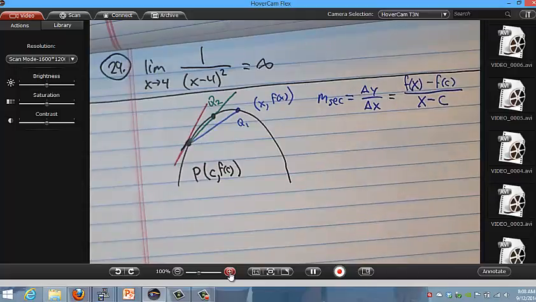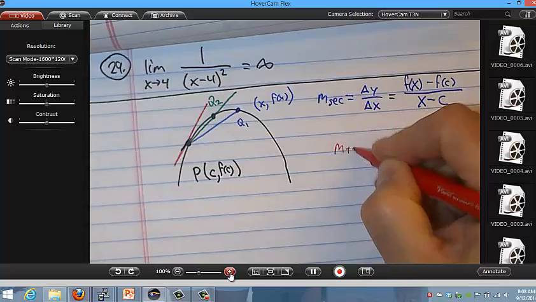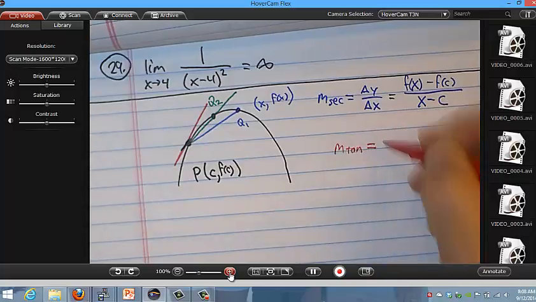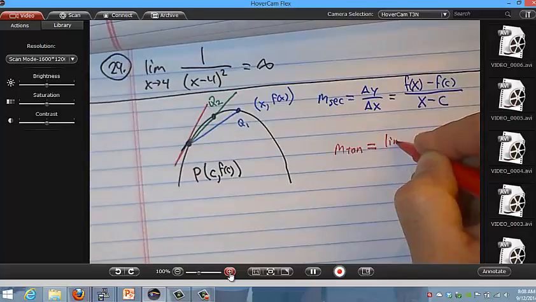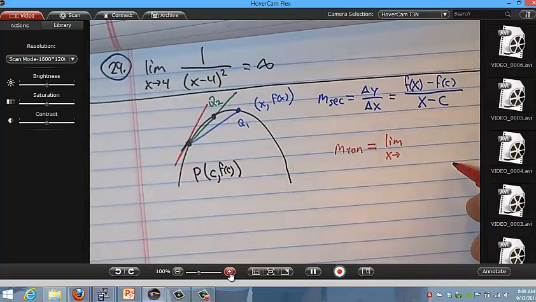And now, what I'm interested in, of course, is the slope of the tangent line. And I claim that that's a limit. The limit as what approaches what? Well, it's the limit as x approaches what?